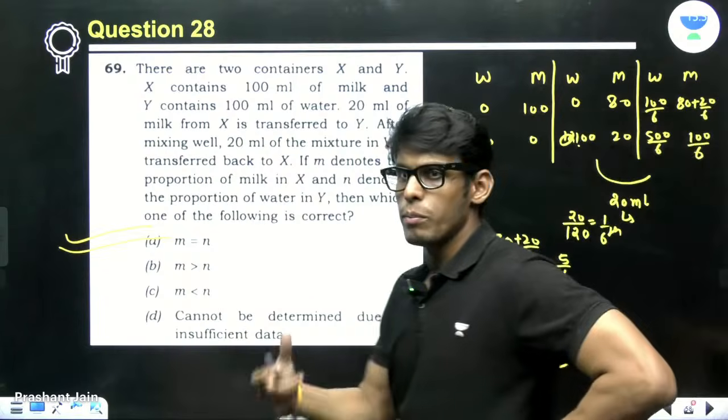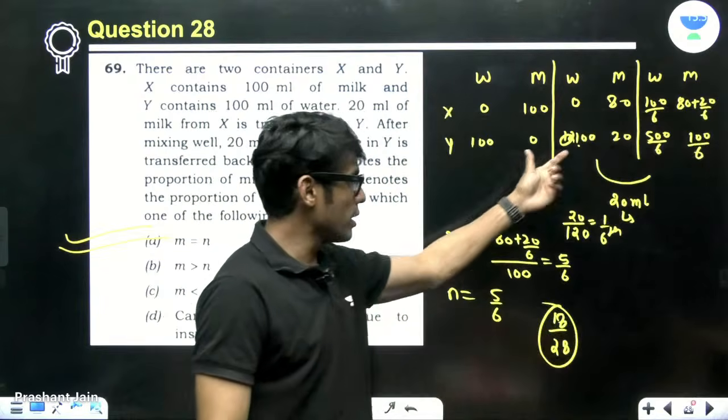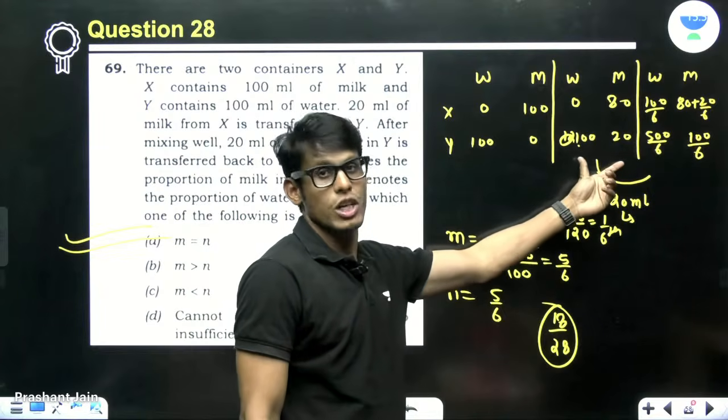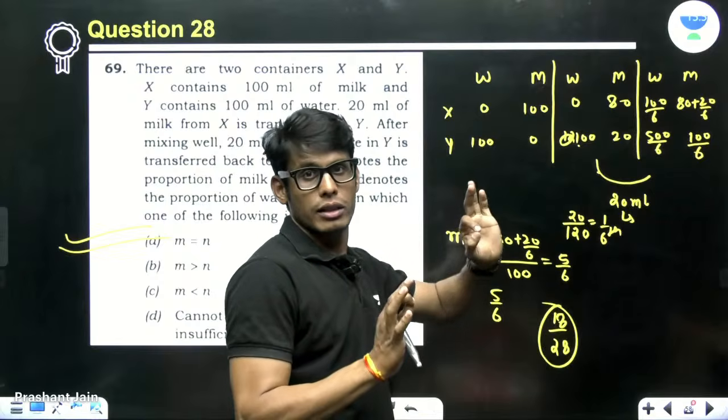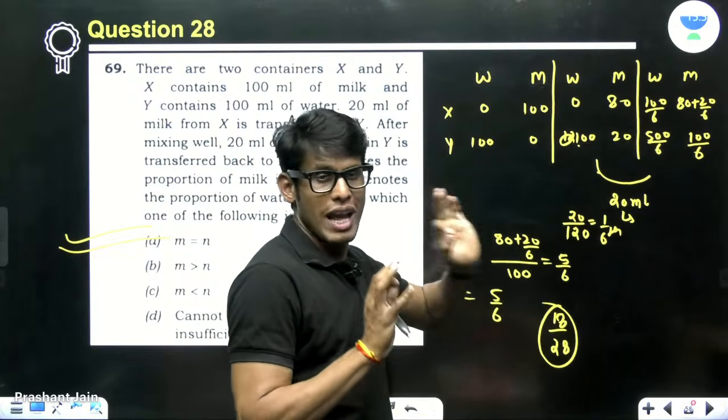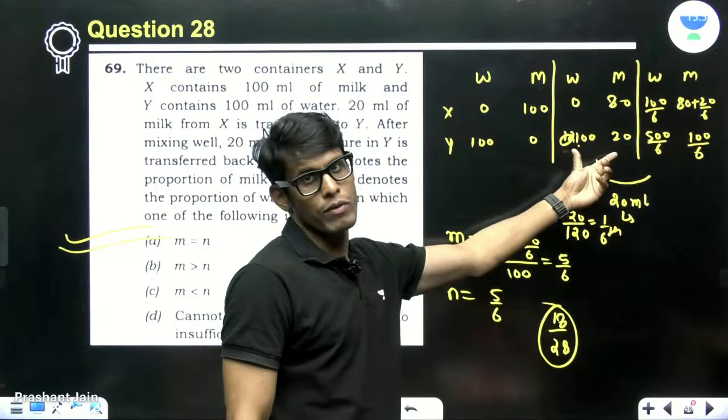Now, when you thoroughly mix the mixture, every content will have milk and water in the ratio 5:1.